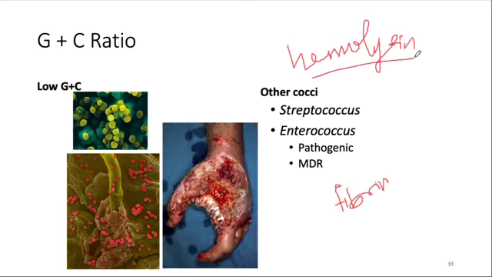The enterococcus will live in environments that are low in oxygen, but rich in nutrients such as the intestine, the vagina, the oral cavity, and they are one of the leading causes of hospital or healthcare associated infections. They are commonly implicated in surgical and urinary tract infections as well.